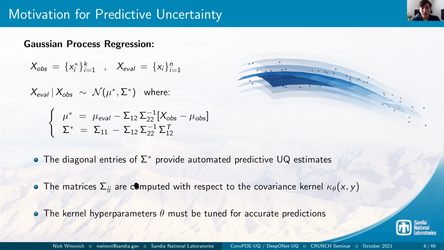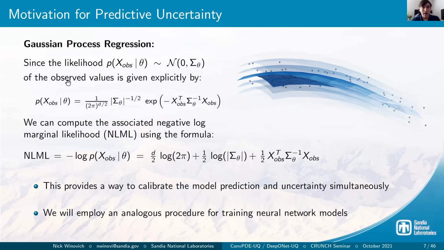So we have this updating procedure, and the way that we can tune our model or actually perform regression is effectively to calibrate the model parameters theta by minimizing this negative log marginal likelihood. And the benefit of this is that we have a way to calibrate both the model prediction and the uncertainty effectively simultaneously.